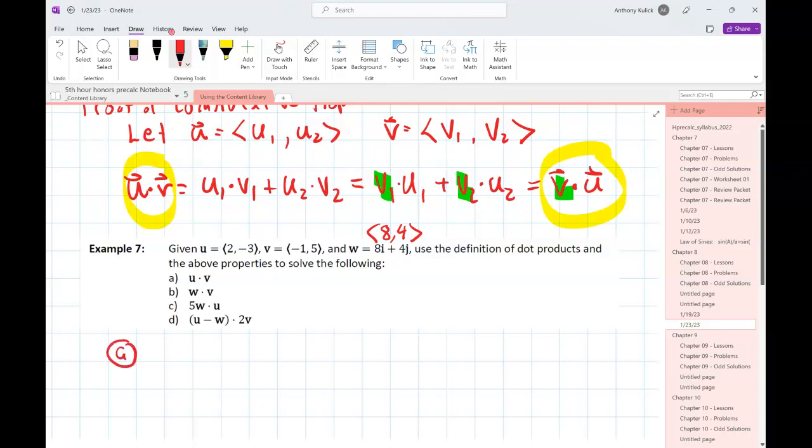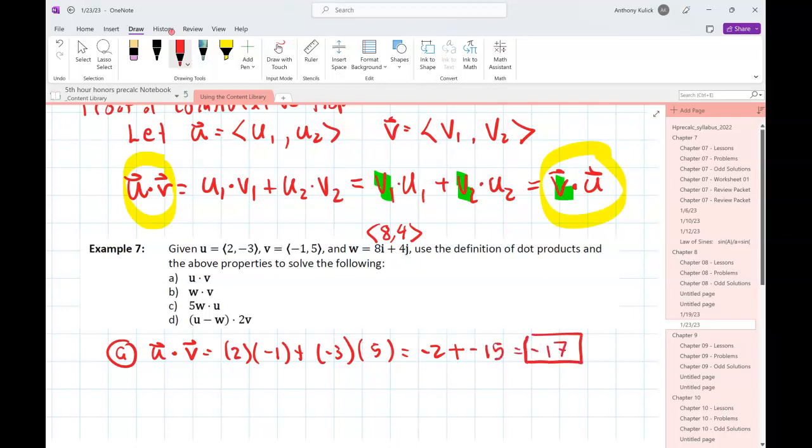All right. So if I want to do u dot v, well, that's just going to be the x component of u times the x component of v plus the y component of u times the y component of v. Or negative 17. That feel okay to everybody?